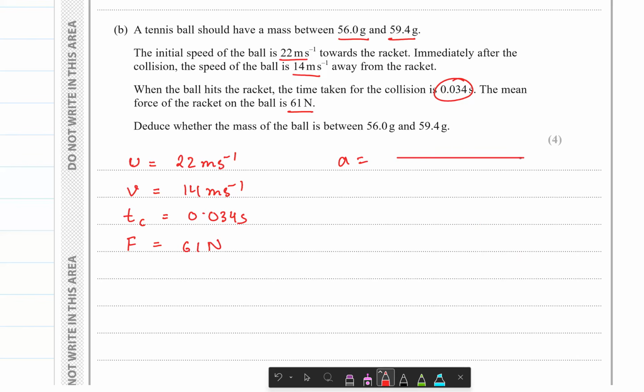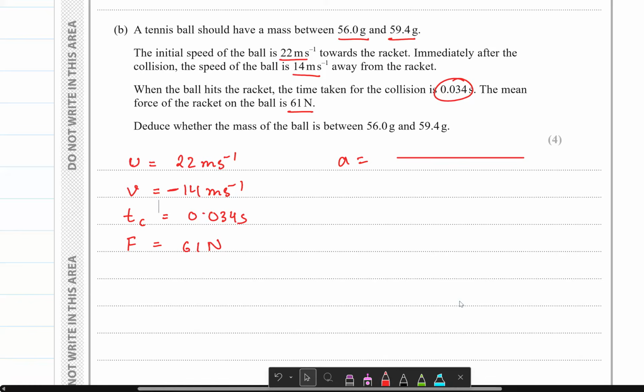So the initial velocity is 22 and the final velocity is in the other direction, so I'm going to give this one as negative.